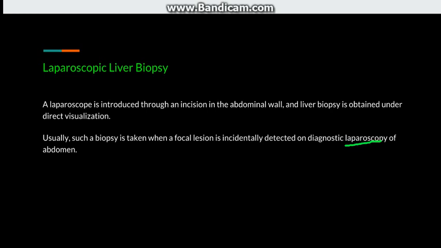In this, a laparoscope is introduced through an incision into the abdominal wall, and the liver biopsy will be taken. But this is not routinely used. This is only used when another laparoscopy procedure is being done and there is an incidental finding of a liver lesion, then this method is used.